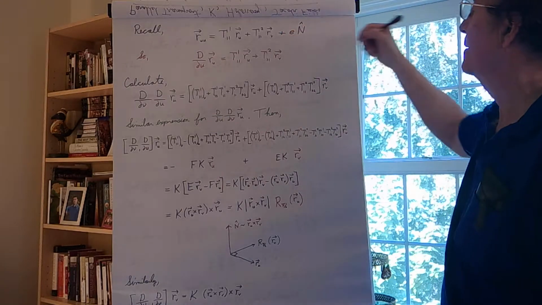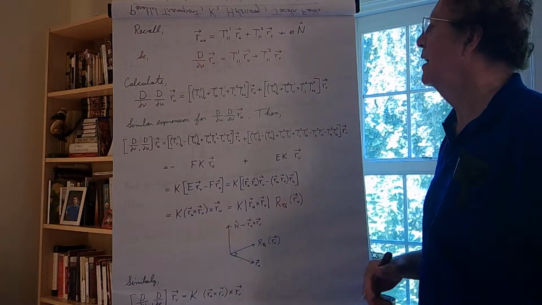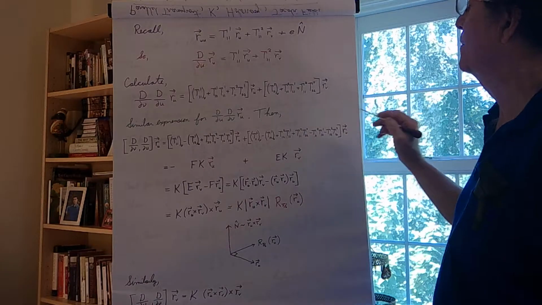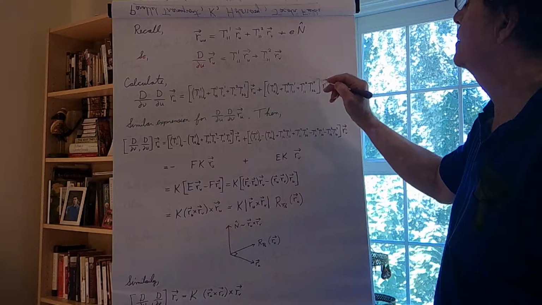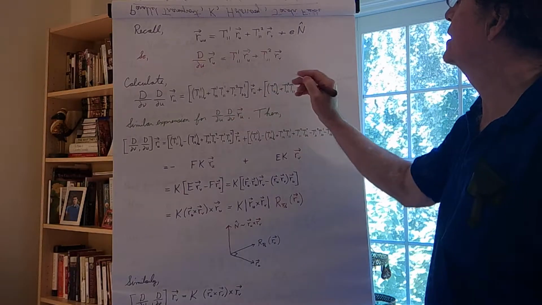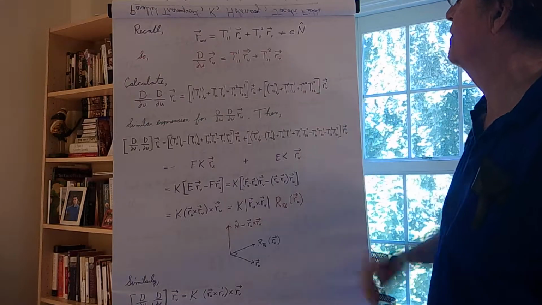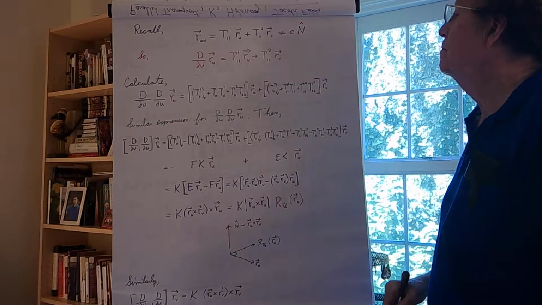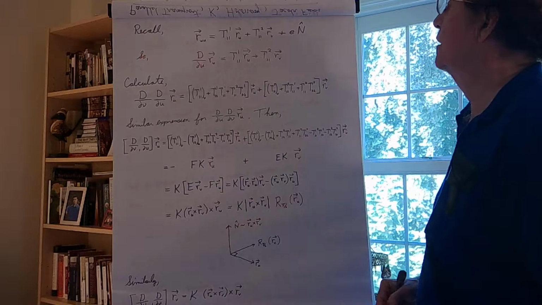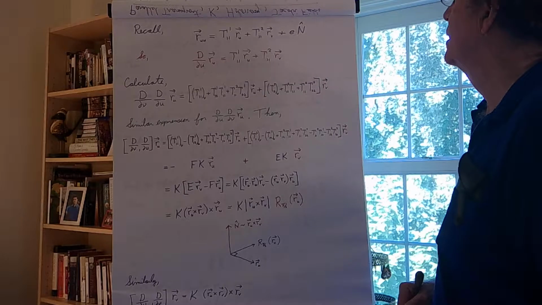And so I've written that down here. That's straightforward, but check it on the side. You see the kind of terms I expect to get, and I get them here. Quadratic terms when I apply this expression twice, and then when I differentiate this expression, I'm going to find the derivative of the Christoffel symbol itself.